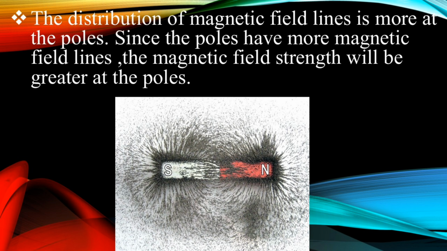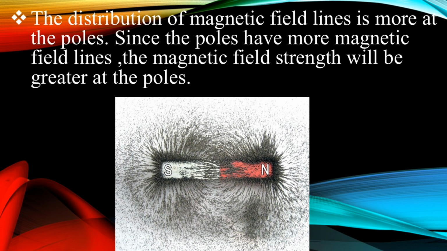Because the number of field lines per unit area, what we call the line density, is highest at or close to the poles. In that figure, you can see that iron filings cluster more densely at the poles than elsewhere, which visually confirms that the poles are regions of stronger magnetic force.